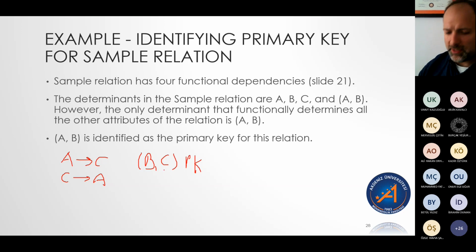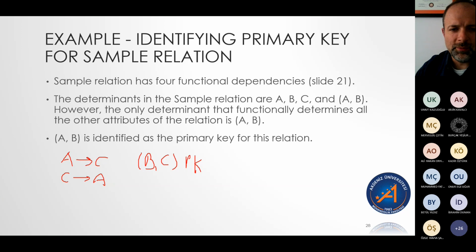If we don't choose it to be the primary key, it simply remains a candidate key. Remember, we have two candidate keys, AB and BC. Which one we choose becomes the primary key. All others just remain candidate keys. They still uniquely identify our rows, but they're just not the ones chosen to be a primary key.